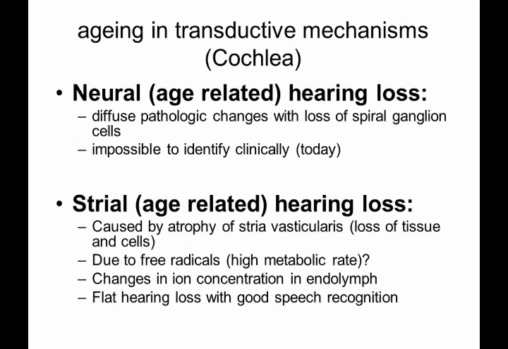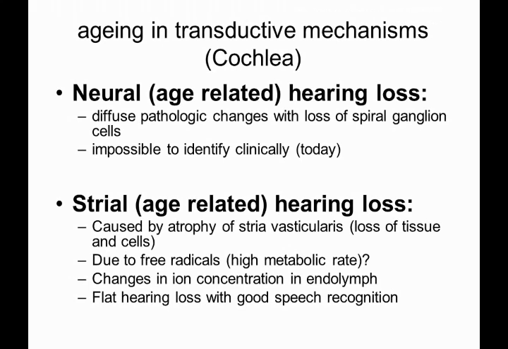Easier to identify is the strial hearing loss caused by the atrophy of the stria vascularis, so loss of tissue and cells, so this is less supported with potassium. Due probably over time to free radicals, although I put a question mark over there because I'm not an expert in this metabolic chemistry going on in there, but this is what at least a few years ago people believed, that the free radicals have a most effect on that.